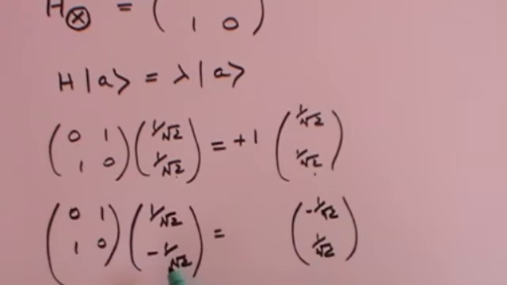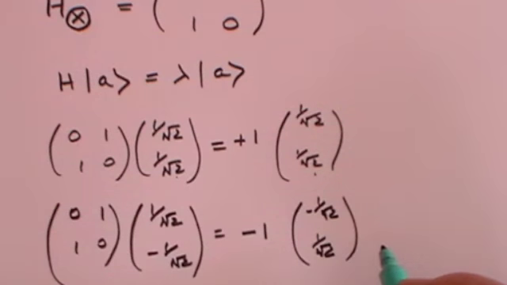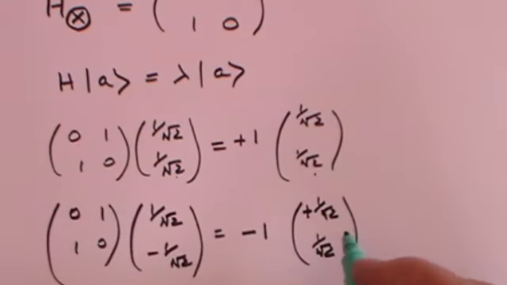That is not equal to that. But I can very easily make it equal to that simply by putting a minus 1 in front and then multiplying this by minus, so the minus becomes a plus, and this by minus, and now you've got that that is the same as that, but the eigenvalue is minus 1.